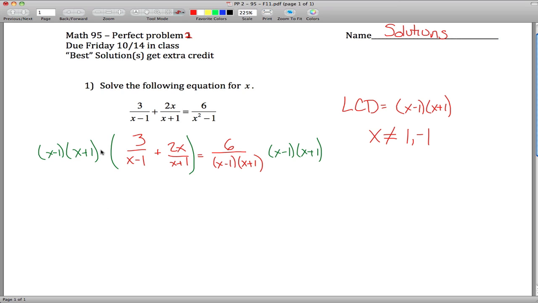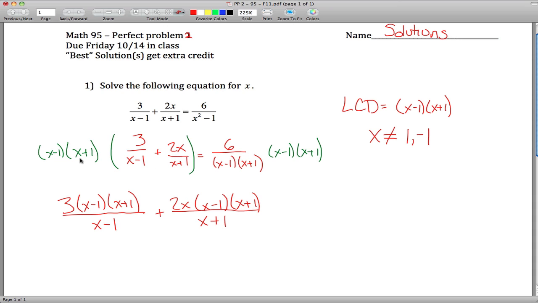And what ends up happening if we distribute through is we'll get 3, let's go back to red, 3 times x minus 1 times x plus 1 divided by x minus 1, so that's this term when we distribute these guys through, plus 2x times x minus 1, x plus 1, over x plus 1, this term right here when we multiply this through, and that's equal to 6 times x minus 1 times x plus 1 divided by x minus 1 times x plus 1.